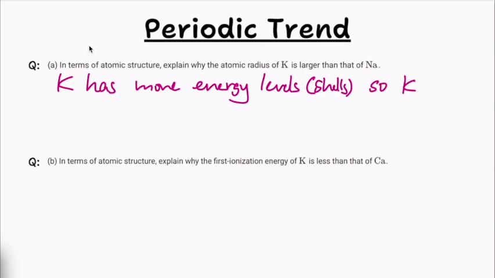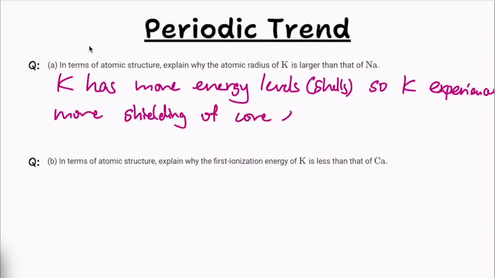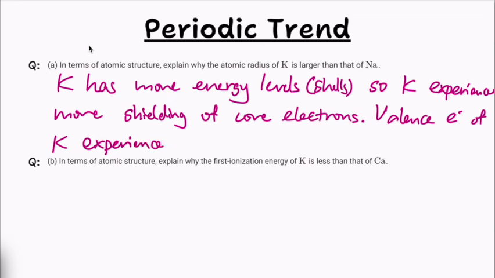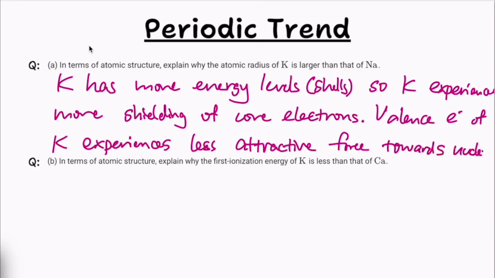So potassium experiences more shielding of the core electrons, which means the valence electrons of potassium experience less attractive force towards the nucleus.